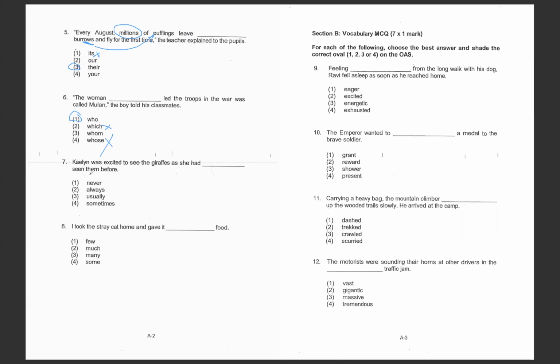Okay, for question 7, the answer is "never". As yet, Kaylin was excited to see the giraffes as she had never seen them before. She was excited. Okay, this can give you a clue. If you always see the giraffes, will you be excited?